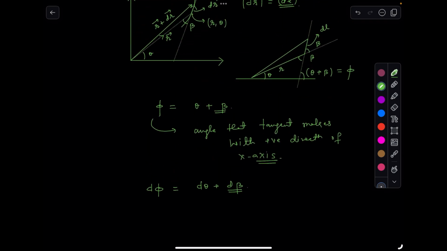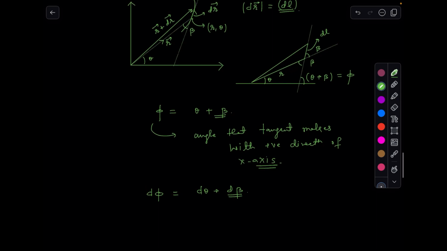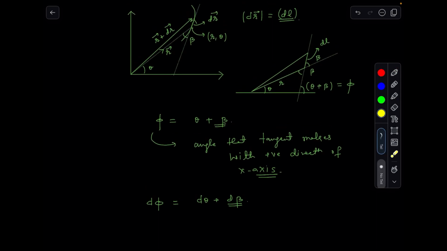Why are we differentiating? One question can come to your mind. We are differentiating because at this place the tangent makes an angle phi, and at this place the tangent makes an angle phi plus d phi.